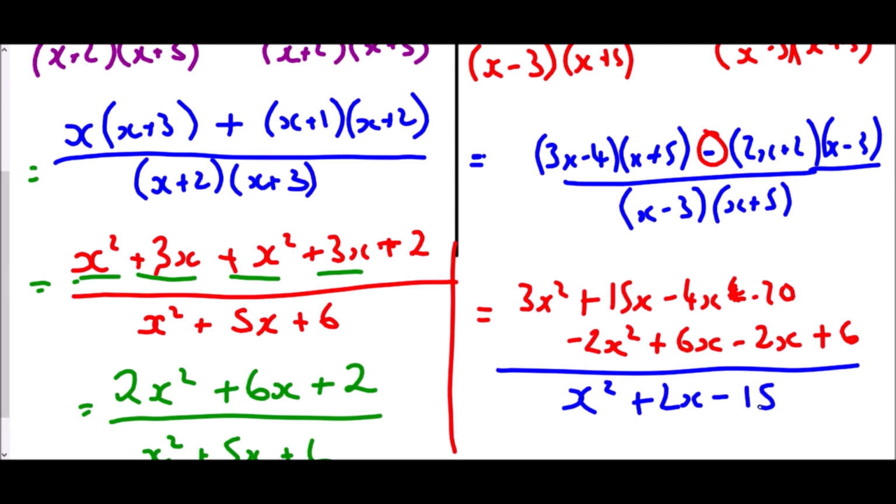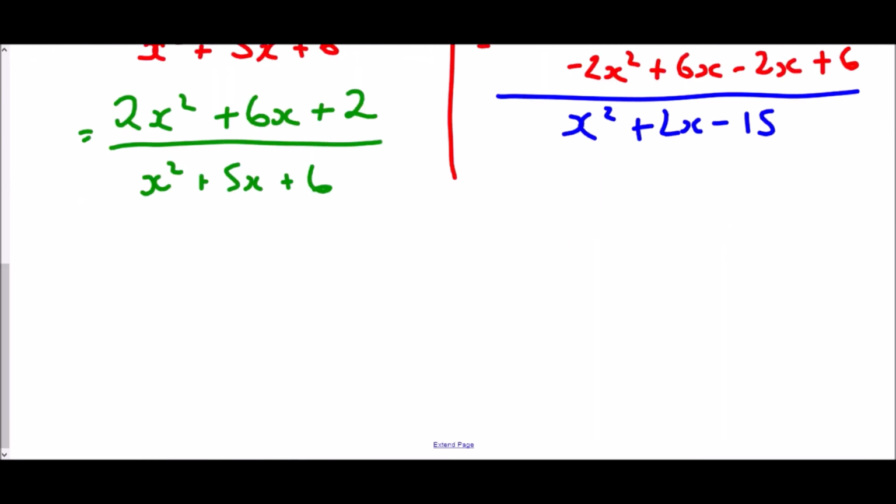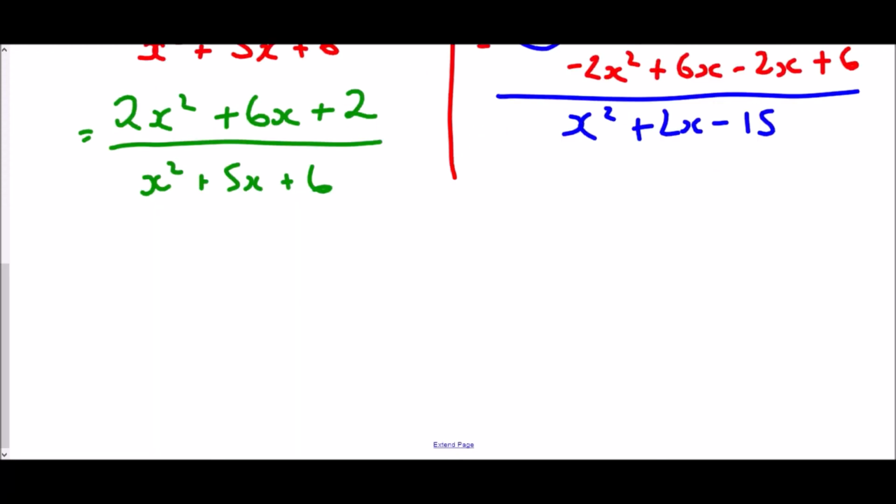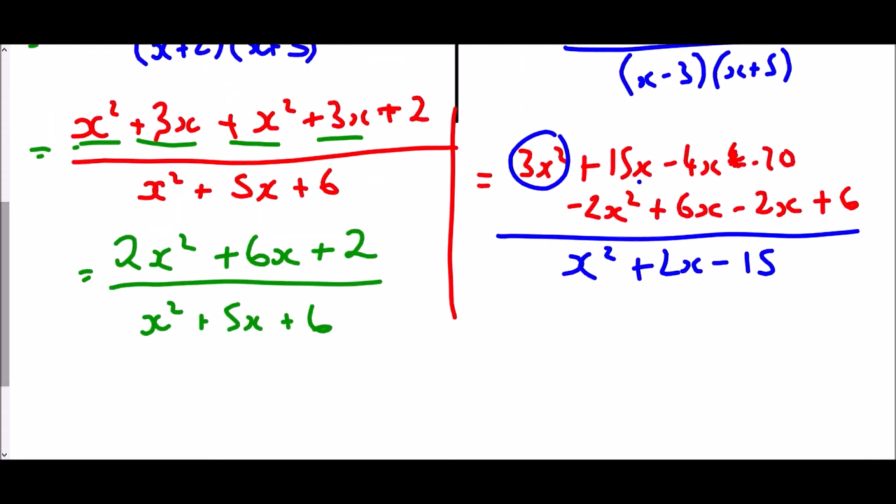And so then finally all I need to do is simplify the numerator. Well, I have 3x squared take away 2x squared, so that means I have x squared.